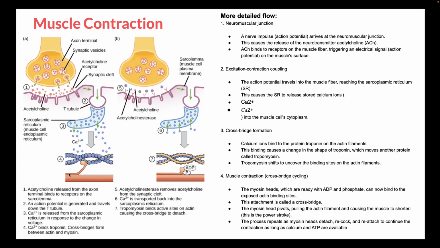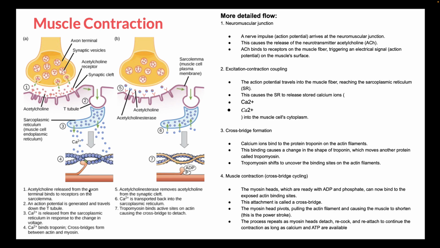So you can see this is myosin and this is actin, and the head will try to bind to the active site or the binding site of the actin, and it will try to pull the actin and itself towards the center, and this will cause contraction. So this is how the whole muscle contraction occurs.